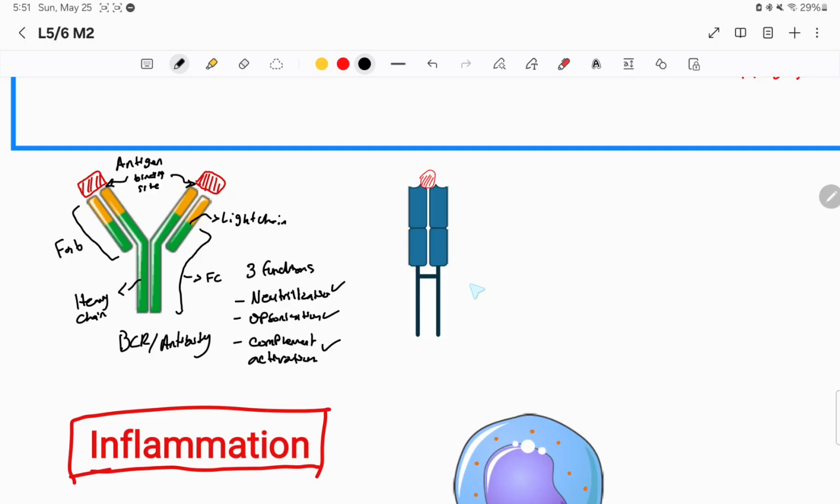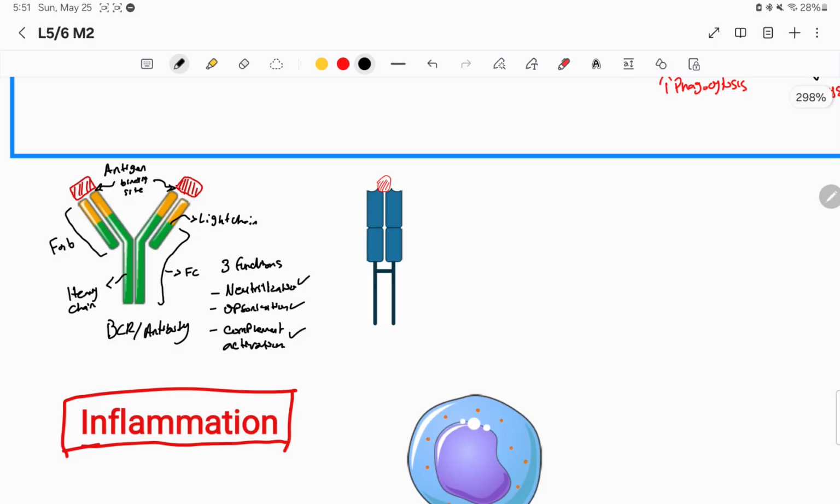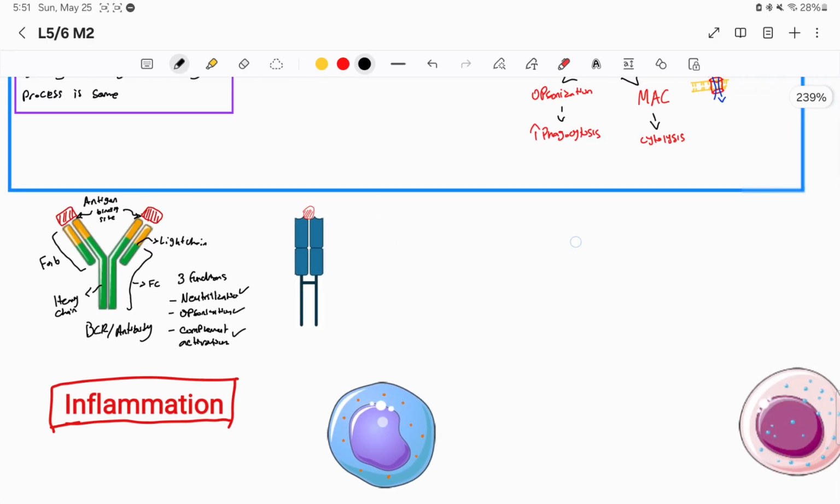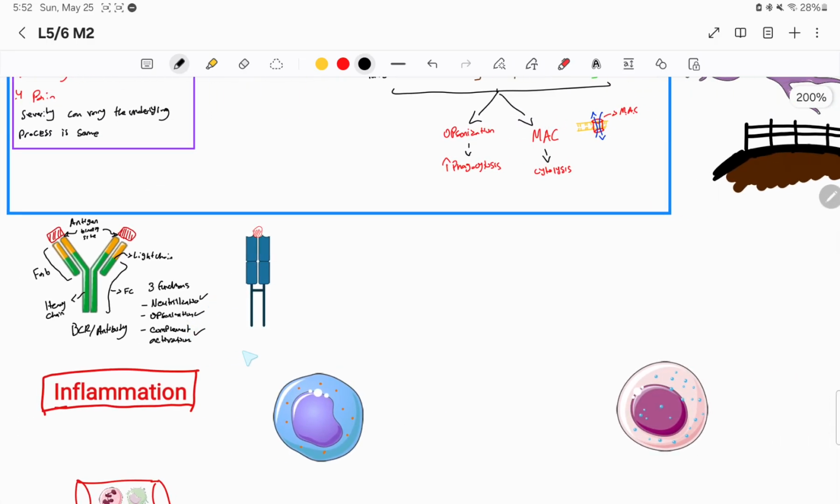And this is, of course, going to inhibit bacterial or viral access to the cell or damaging of our cell, right? So that's why they call it neutralization. You neutralize the threat. So that's that. These are the functions of an antibody.